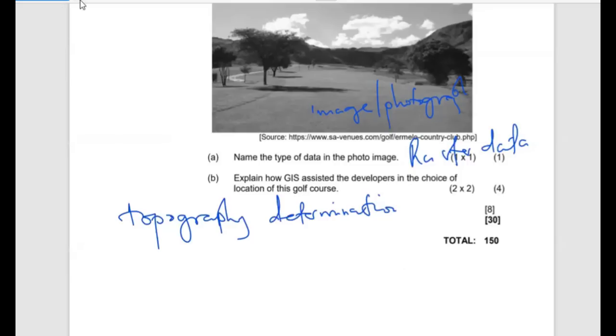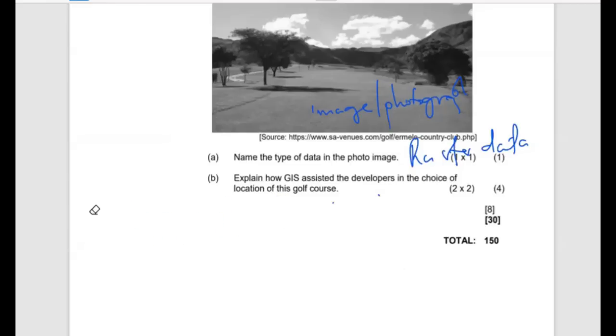So topographic determination, by looking at the nature of the landscape and the nature of other features around. You can find that information using GIS, integrating technology into the study of geography.